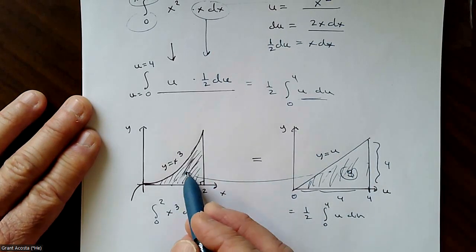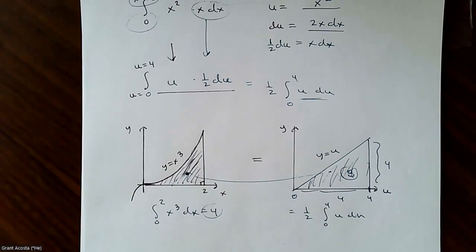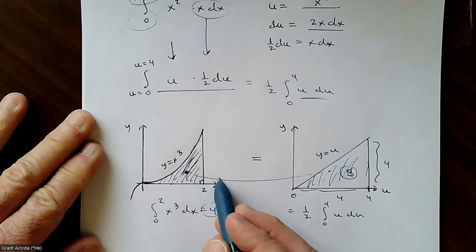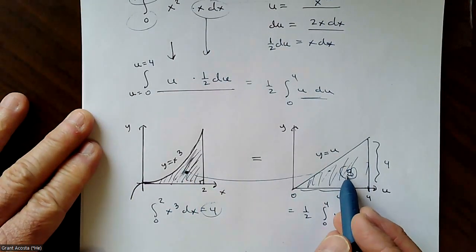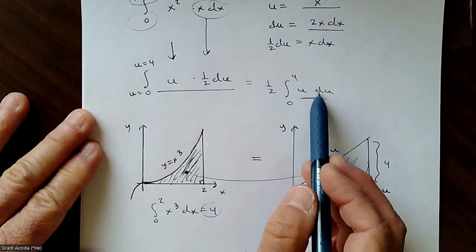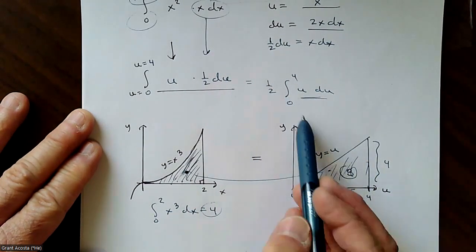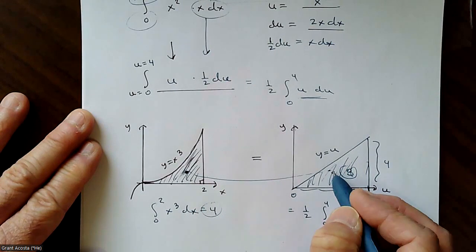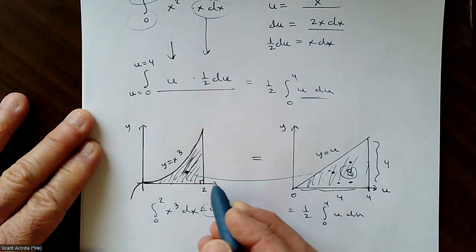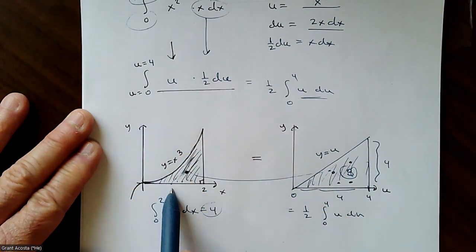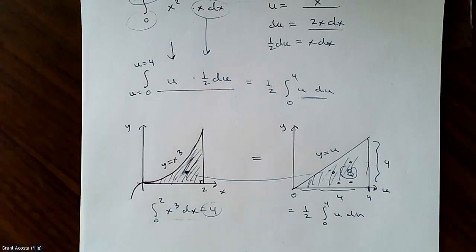Either way you want to think about it. This area could be doubled to give me this area, or this 1/2 is saying if I take this area, which is 8, and multiply each unit of area in this triangle by 1/2, it gives me the correct area of this integral where I did the substitution from.